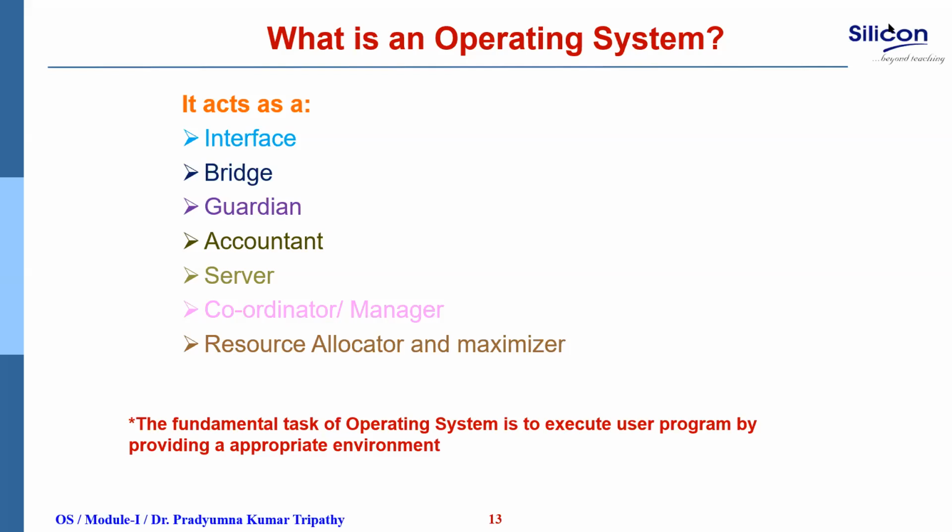One thing is that I am copying from my pen drive to the hard disk. Second, I want to execute a C program, for example. Try to understand. First, I want to copy from the pen drive to my hard disk. So what is required here? Pen drive is required, hard disk is required, and memory is also required. Second, I want to execute a C program. So what is required?